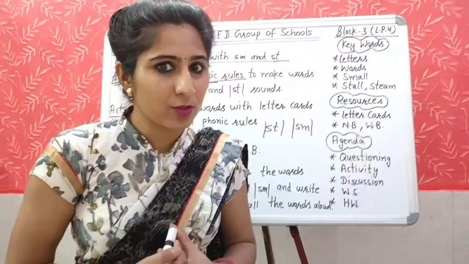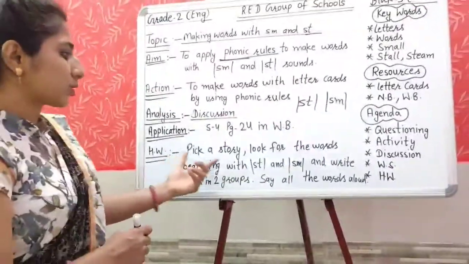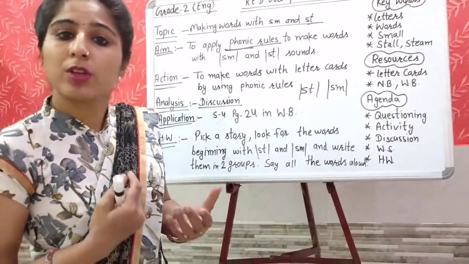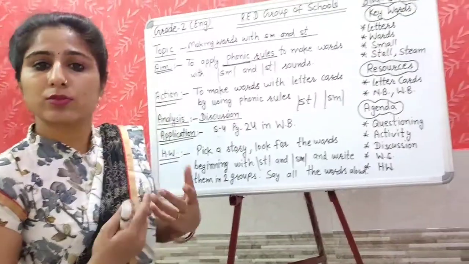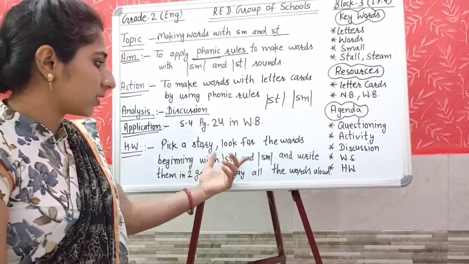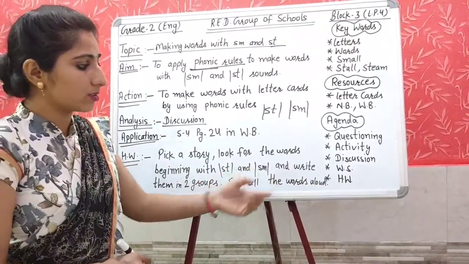Yes, now it is time for the homework. What will you do in homework? Pick a story. You will take any story. You can take the story from your content book and any story book also, and look for the words beginning with ST and SM and write them in 2 groups. Say all the words aloud.